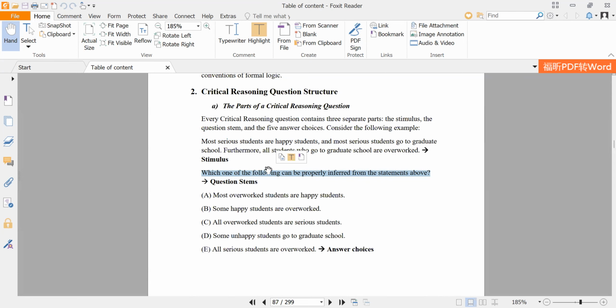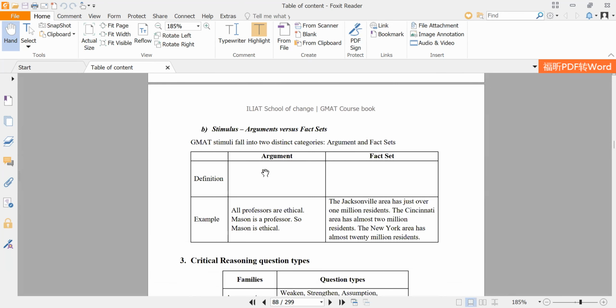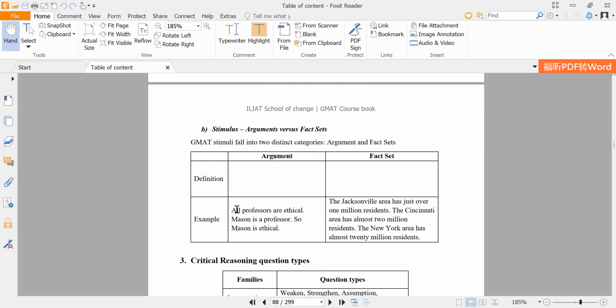That's critically important. So the main goal when you read any critical reasoning stimulus is to find out what the main conclusion, the main argument is. Then they can present some fact sets to accompany it, to provide background information or to support that argument.